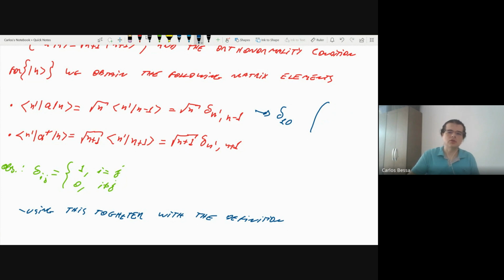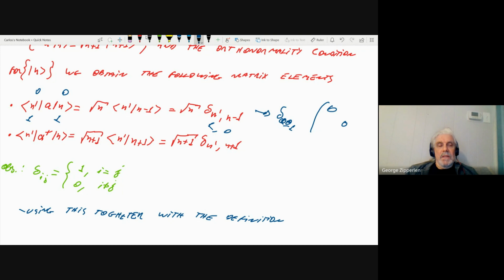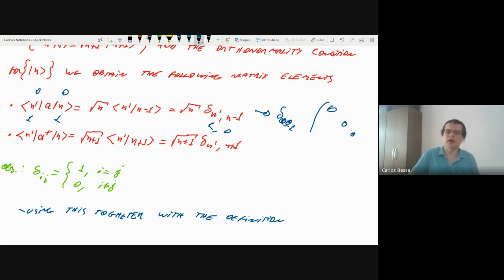The matrix is this one, okay? So this is 0 and this is 0. So the diagonal term will be 0 because this will be 0 and minus 1. One if they're the same, 0 otherwise. Yeah, it's 0 in the diagonal. Okay.